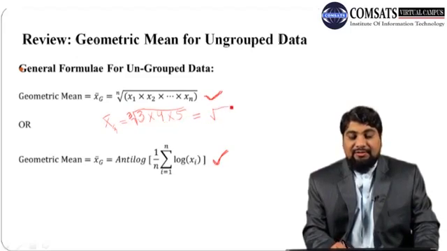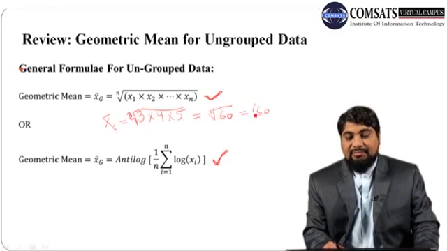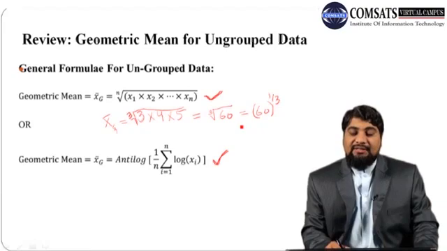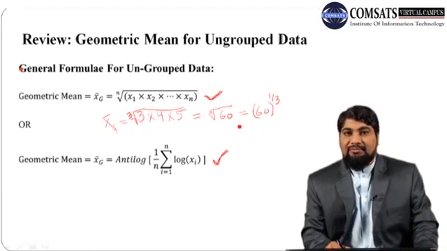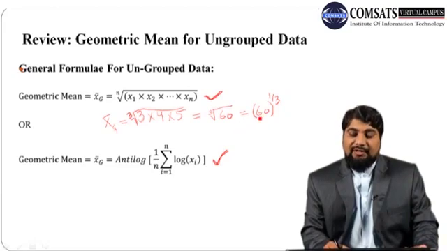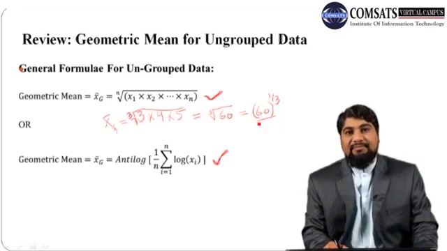So it means the cube root of 60, or in other words we can write 60 raised to the power 1 by 3. We can simplify this expression with the help of a calculator or using Microsoft Excel, or we can even do it using simple mathematics rules. Here you can leave this result as it is, so this is our final result, or even you can use a calculator or Microsoft Excel to get one simple numerical answer.